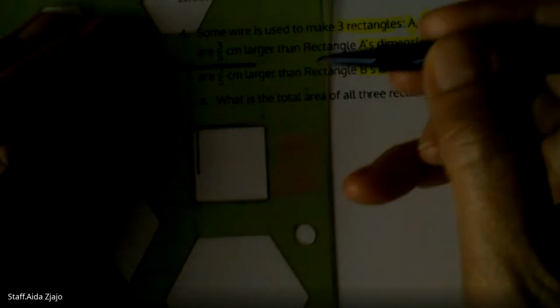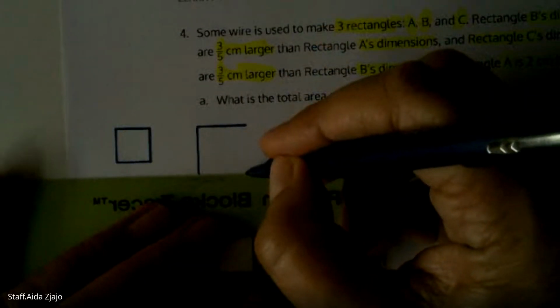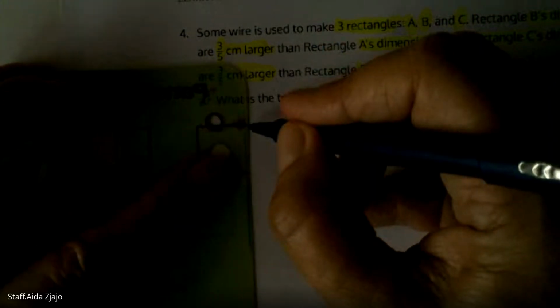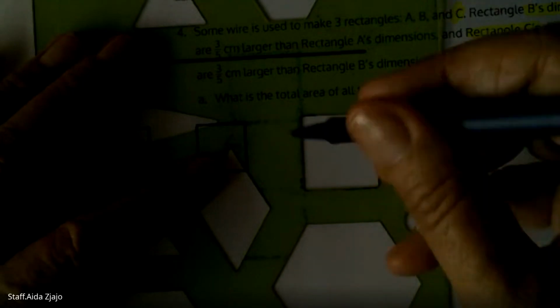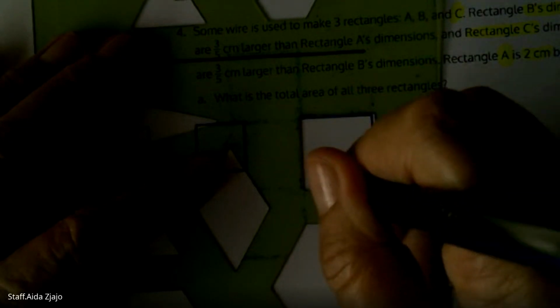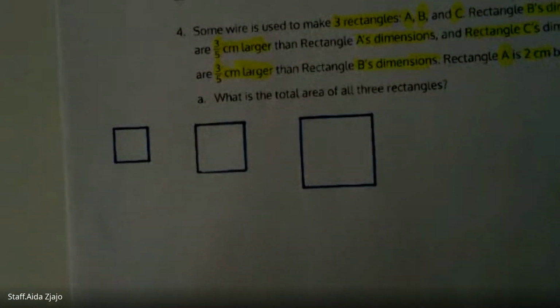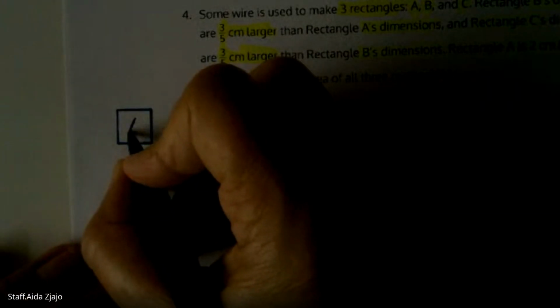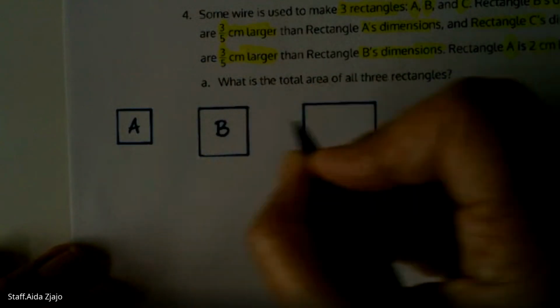I'm going to improvise. That is the next one. And this would be the largest one. Okay, so I did this. This is A, this is B, this is C.